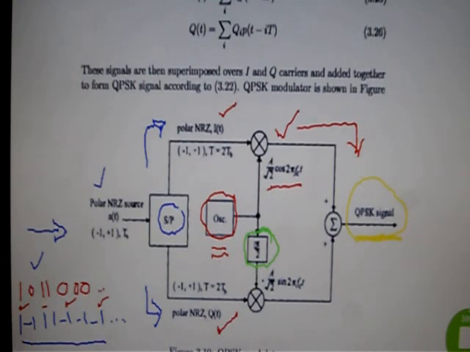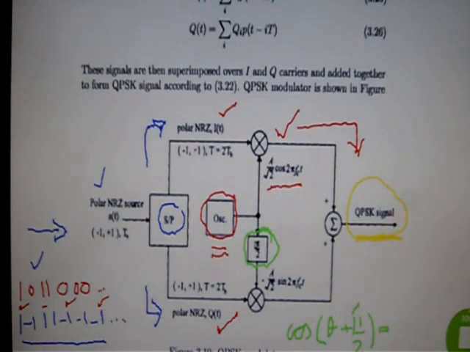this phase shifter, which shifts the phase of the output by pi by 2, exactly pi by 2. So when you shift the phase by pi by 2 for this cos carrier, you will get a minus sine, as you know the mathematical identity that cos of theta plus pi by 2 is cos theta cos of pi by 2, which will be 0, minus sine theta sine pi by 2, right?